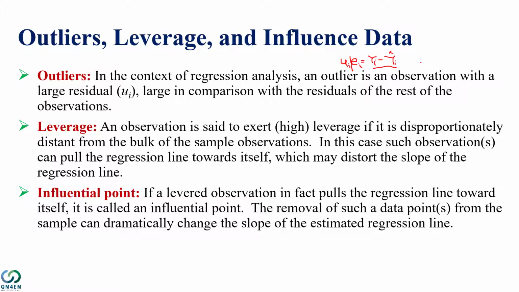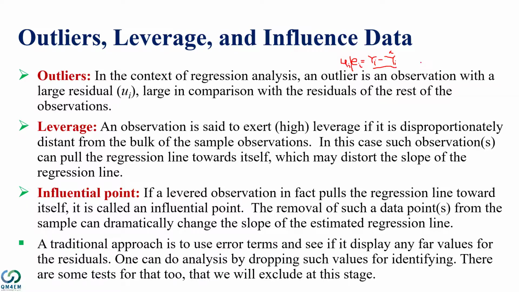So in such scenarios, the recommended policy is that we should be aware of having outliers in our data, and whether these outliers are leverage or influential points, and if they are going to affect our results. The traditional approach is to use the error term and see if it displays any extreme values for the residual. That's the step to identify if there are outliers in our data.